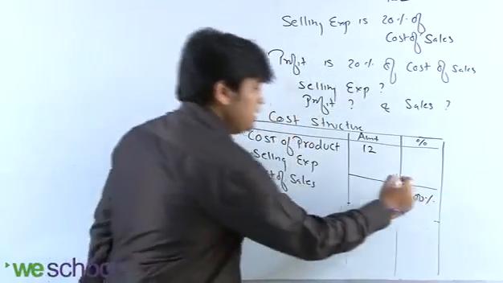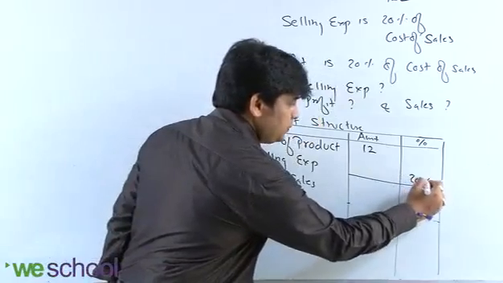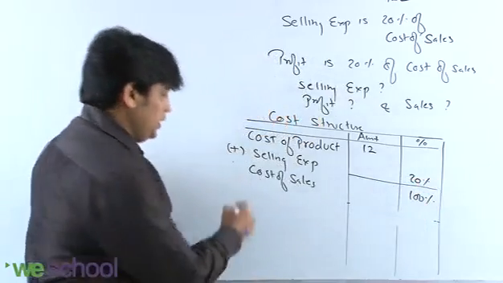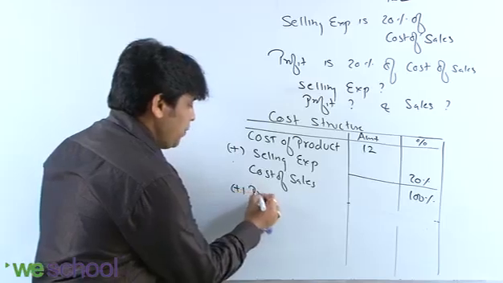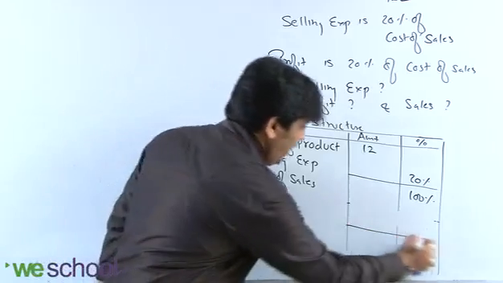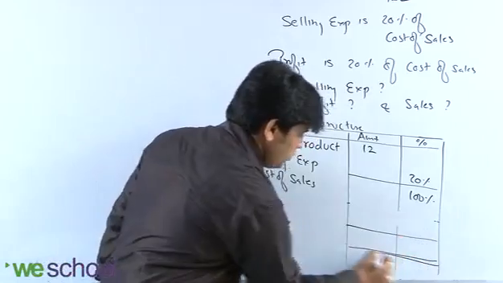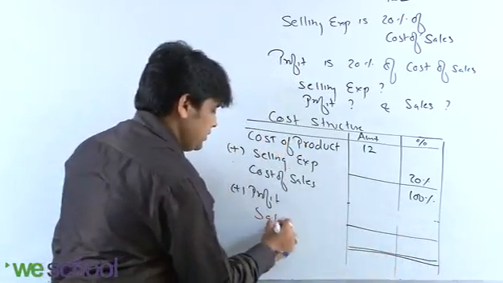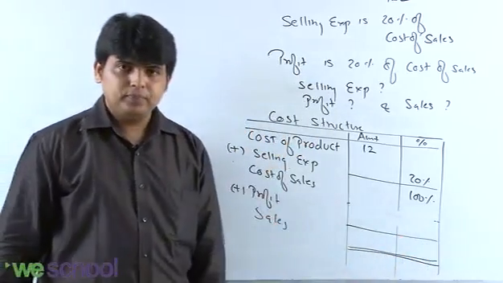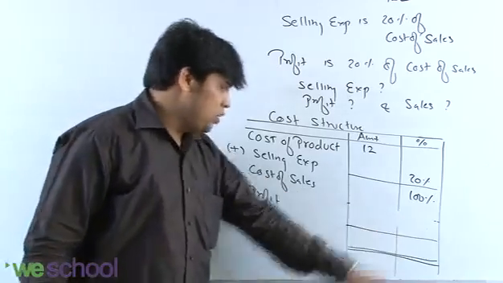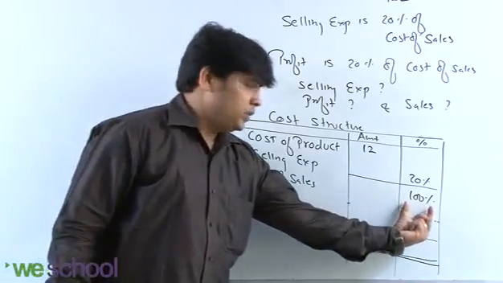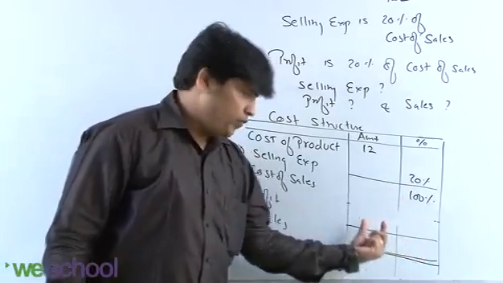Selling expense is 20%. Then we add some profit, which will give you your sales. Now why am I not writing the percentage of profit? Because here it is 100%. I will calculate the profit separately.